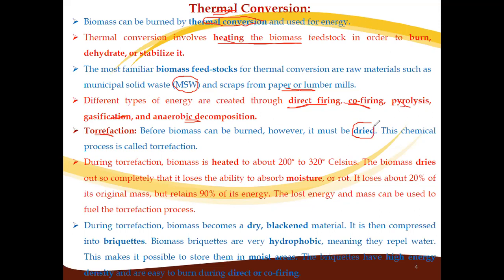So this process of drying the biomass is called torrefaction, and it is a chemical process for drying the biomass. During torrefaction, the biomass is heated to about 200 to 320 degrees Celsius, that is approximately 390 to 610 degrees Fahrenheit.